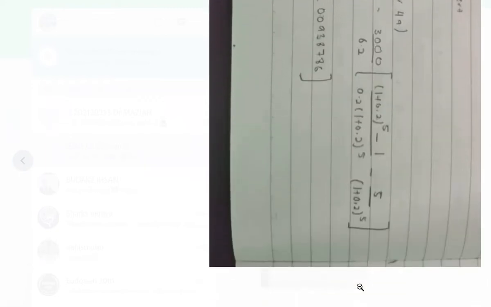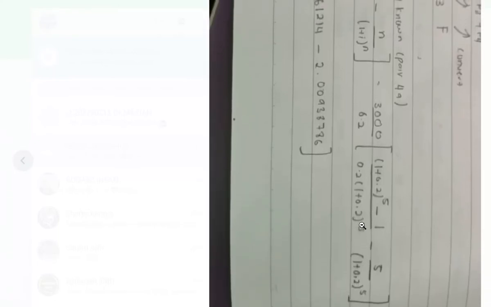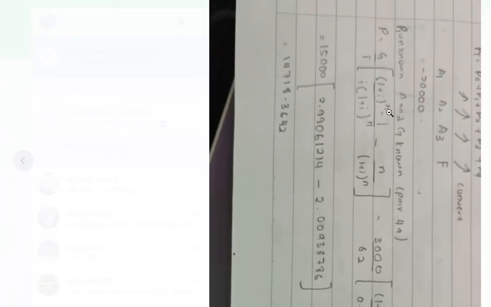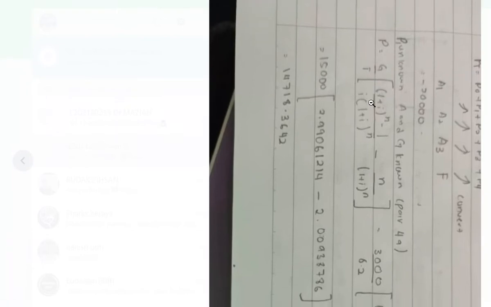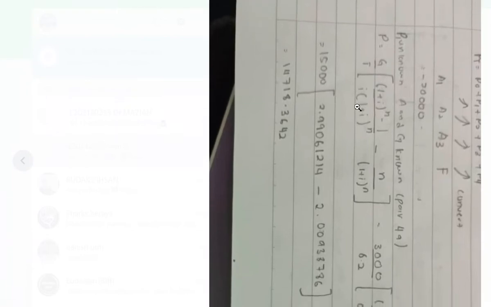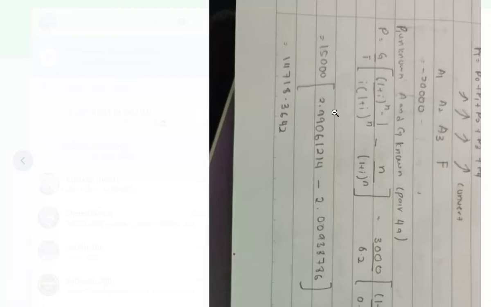Prem's is a better answer, but you need to give the difference between those two values. Then if multiplied by 15,000, you will get 14,000 something like that. Because I wanted to see what is actually happening in your calculator. If you give me an answer like this, I'm sorry, I cannot give you full mark for that.